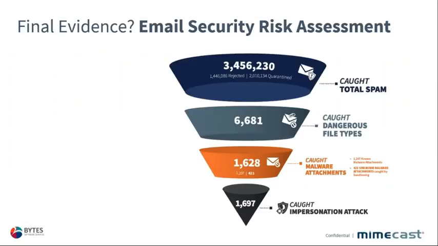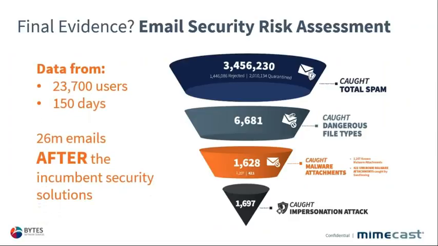These are the results. This is the final slide now. These are the results from a recent survey we did. We covered just over 23,000 users over a period of 153 days, to be precise. We looked at 26 million emails. These are all willing participants, and these emails had gone through the incumbent security solutions they were using.